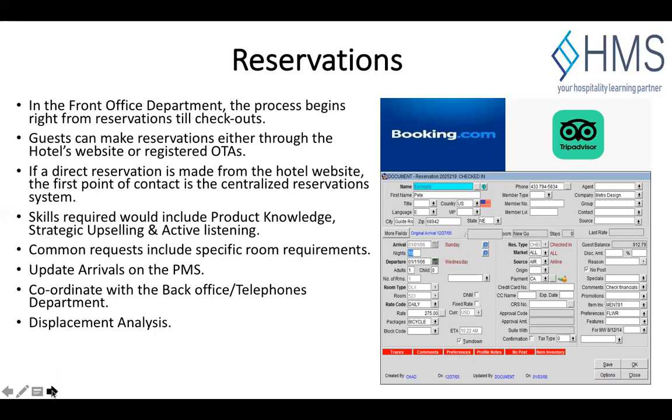So, displacement analysis would involve making the most reasonable choice and the best decision upon selecting one group over another. Now, for example, there could be two different groups coming in, or two different groups who are wanting to make reservations.